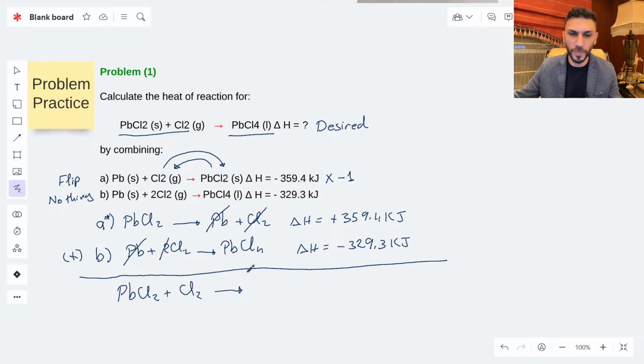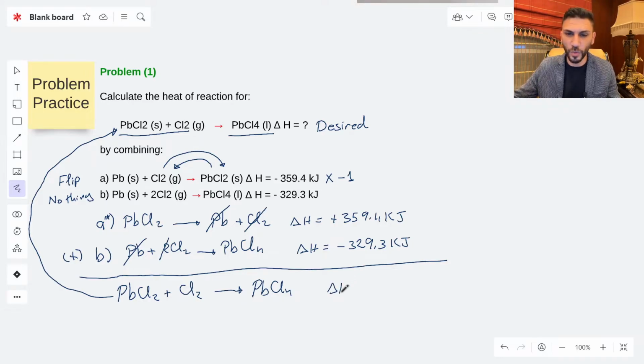Yields, we don't have any other PbCl4 except for this one in the product, so I'm going to write it as it is, PbCl4. And if you check now, we have the desired reaction. So our work is correct.